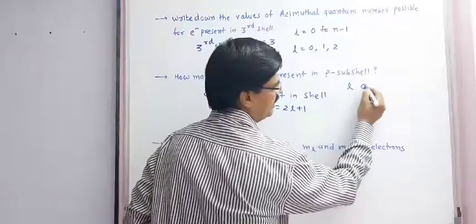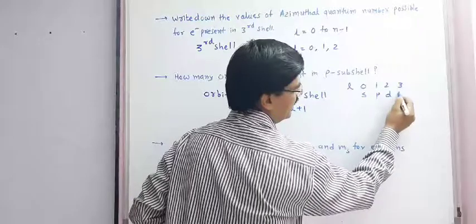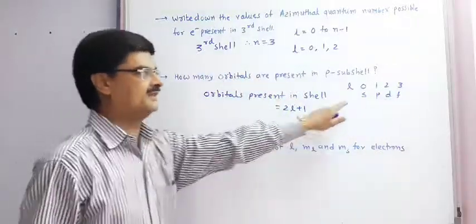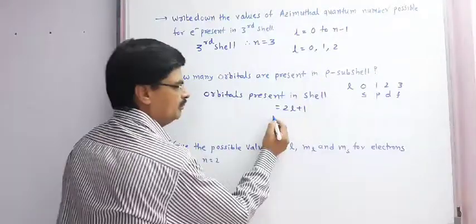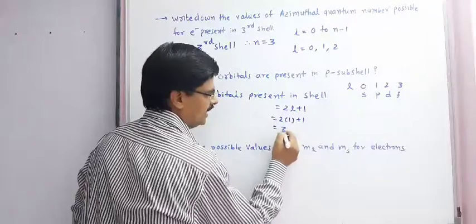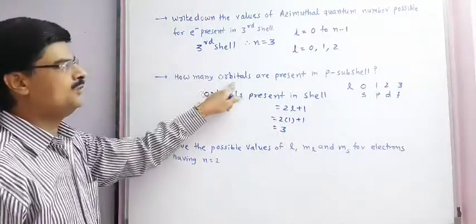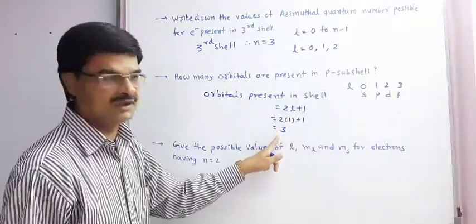For L values 0, 1, 2, 3, we can write the subshells s, p, d and f. Here we are given the p subshell, so 2 into 1 plus 1. So we can say the total number of orbitals present in the p subshell is equal to 3.